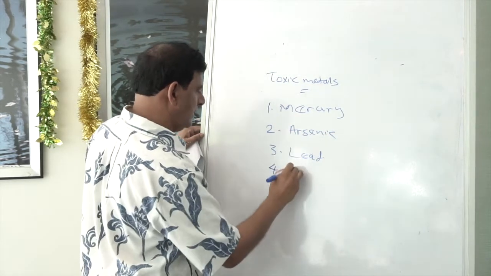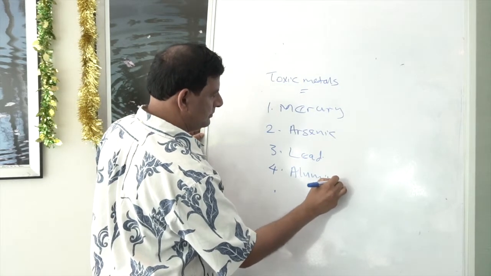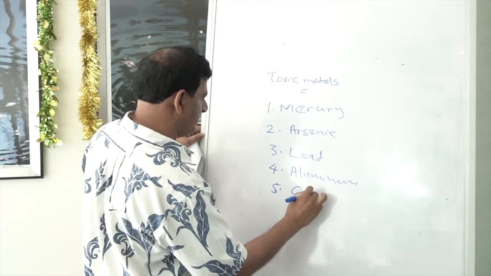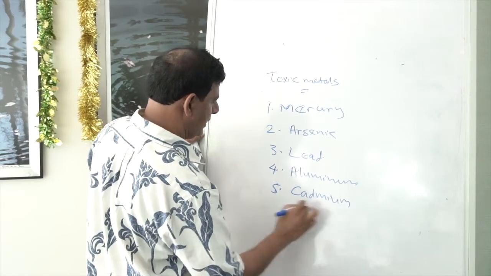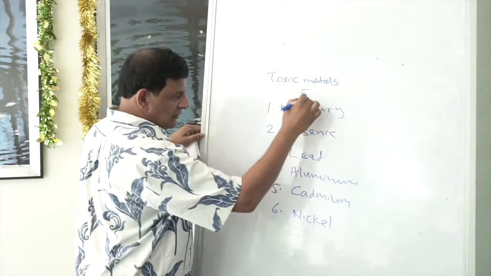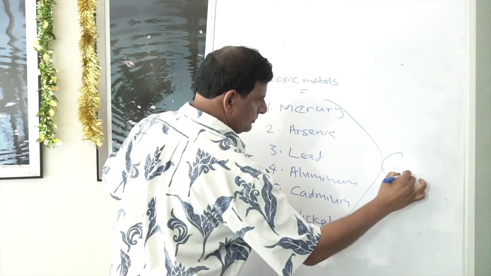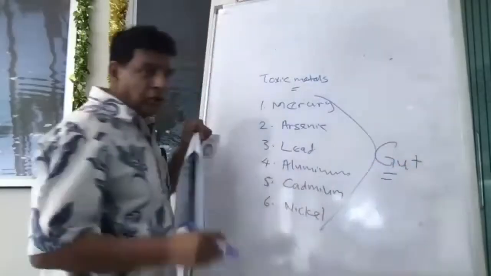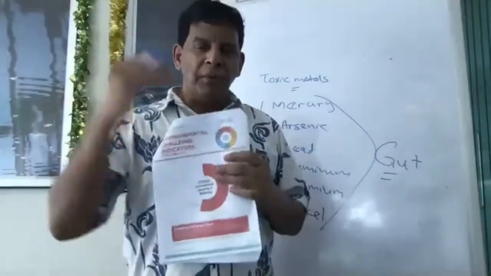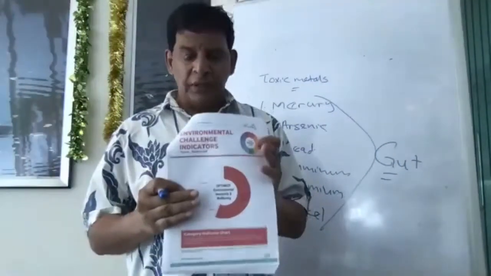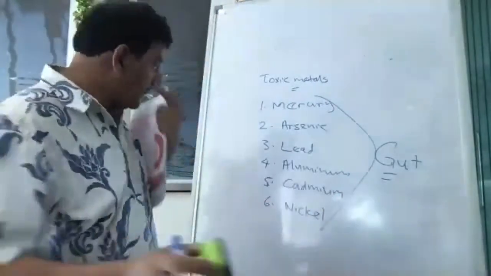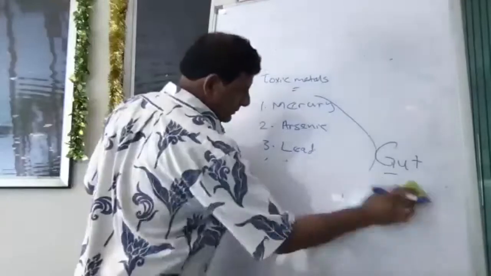Number four, aluminium. Number five, cadmium. Number six, nickel. This affects the gut. As long as you have this gut page and it shows toxic metals, no amount of correction will help this to overcome. Okay.